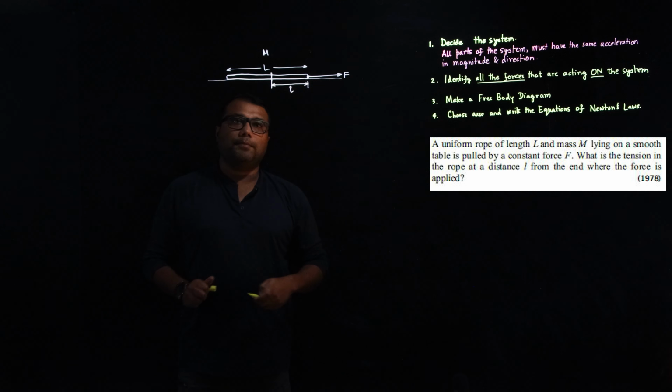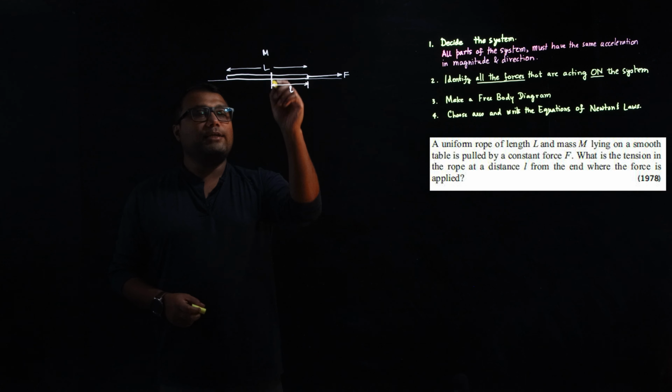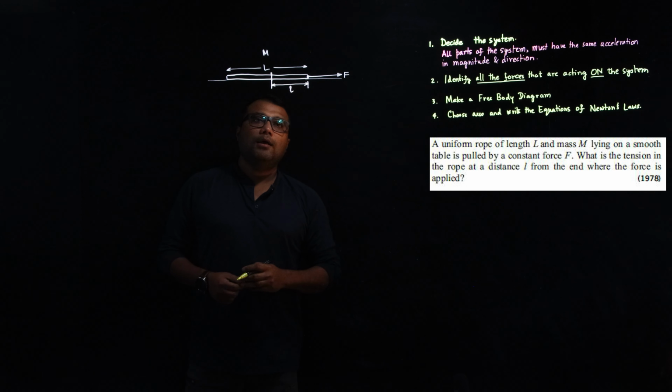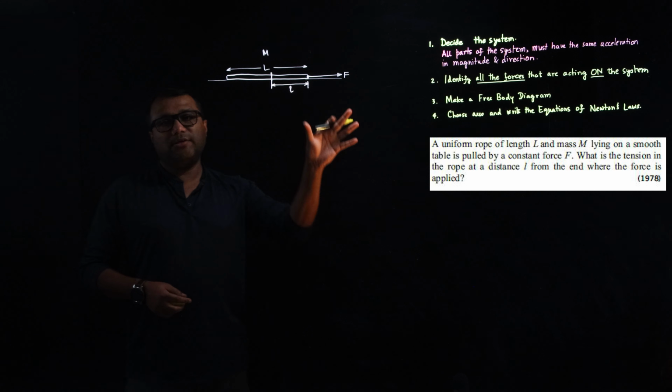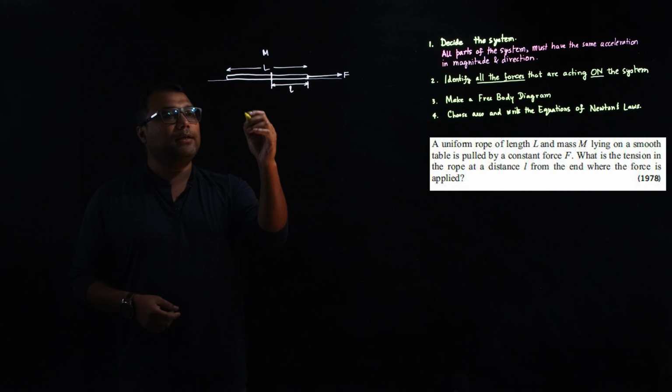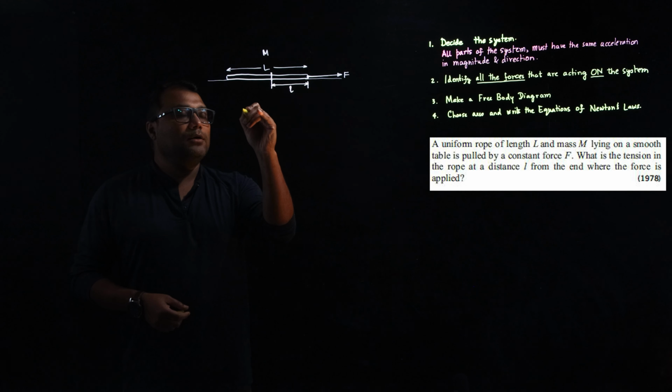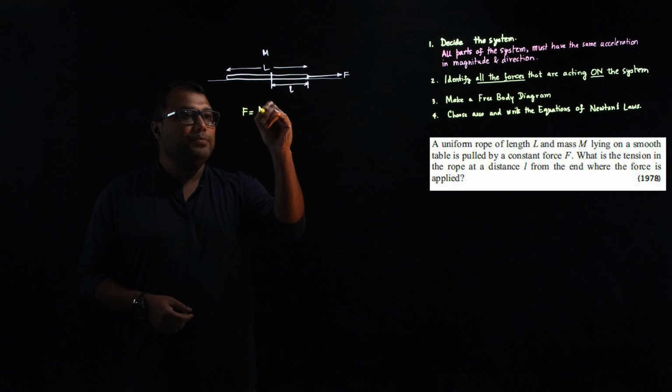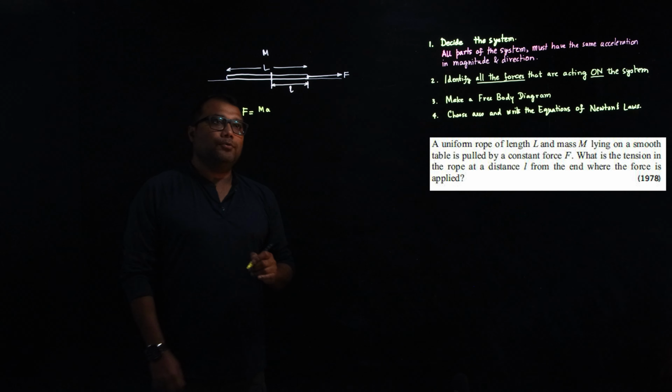To find out the tension at this point, let's first figure out the acceleration of the entire rope. Because the force applied is F and the total mass of the rope is M, mass times acceleration will give the force.